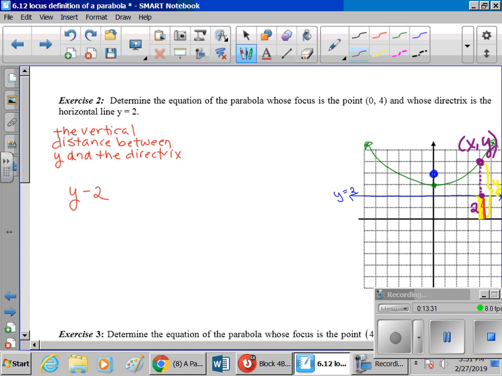So the vertical distance has to equal the distance between my given point, (x, y), and the focus. And in this case, the focus is (0, 4).